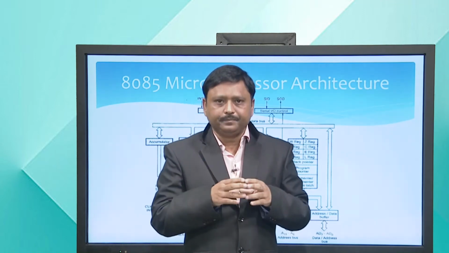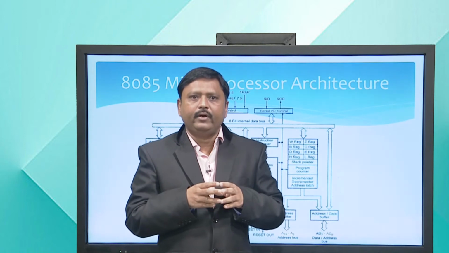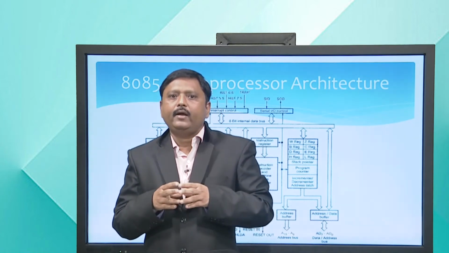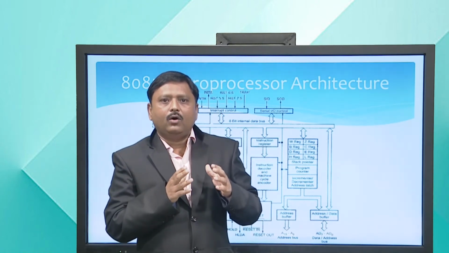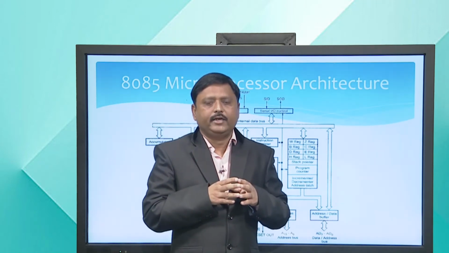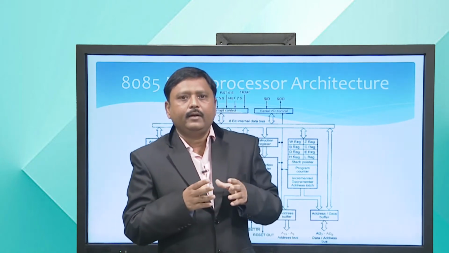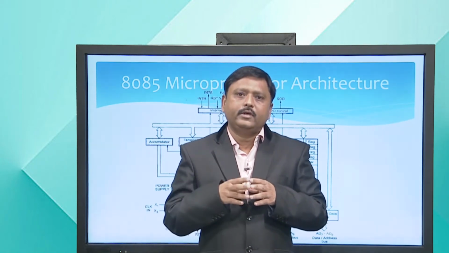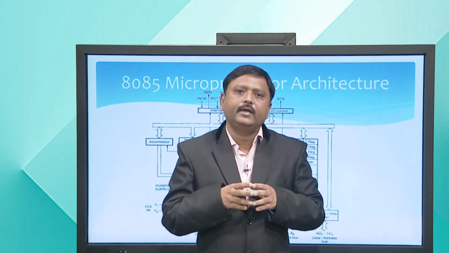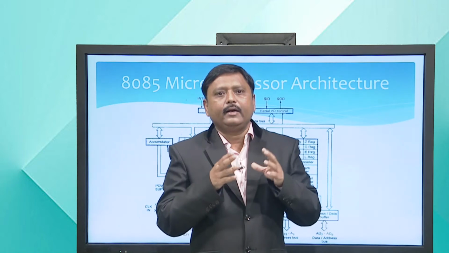The third is RST 6.5, it is maskable and keeps the PC register data in the stack and branches to 34H address. Next is RST 7.5, it is maskable and directs the processor to keep the PC register data in the stack and branch to 3CH.